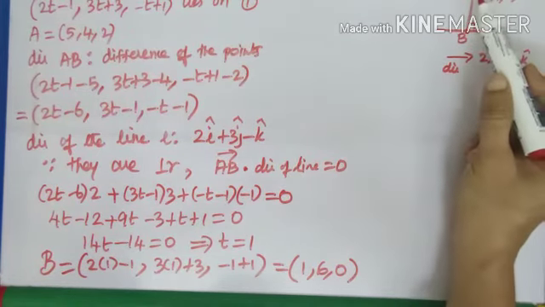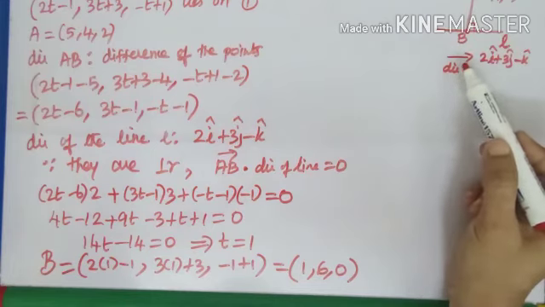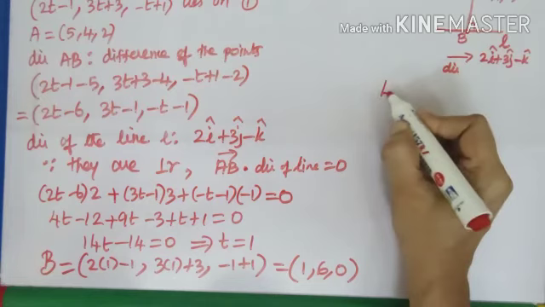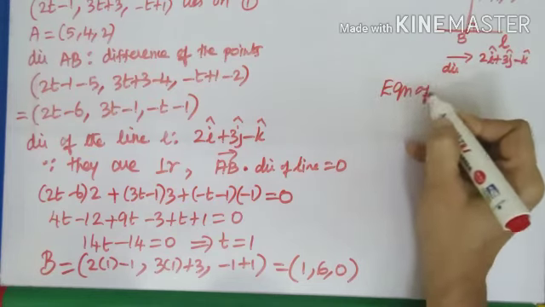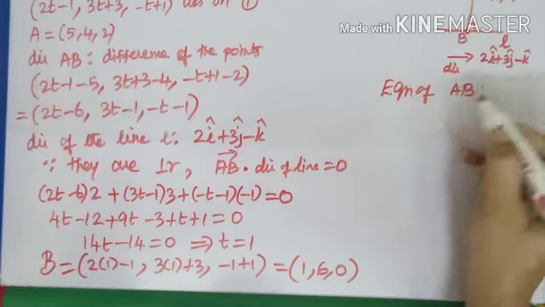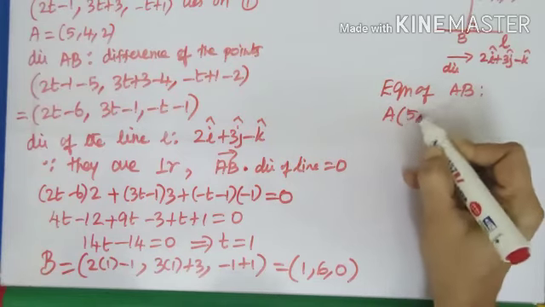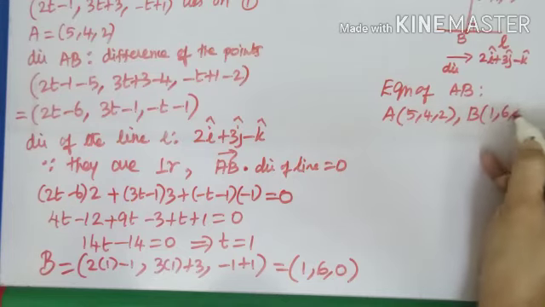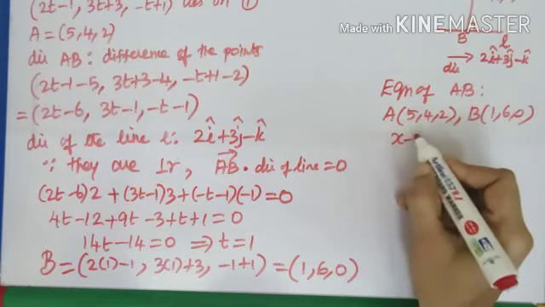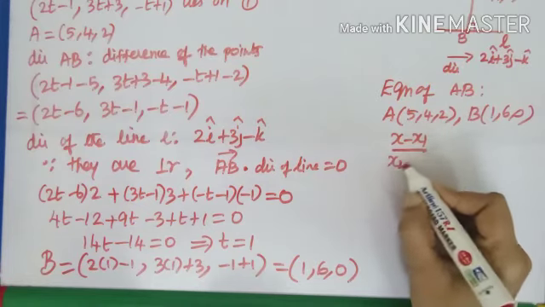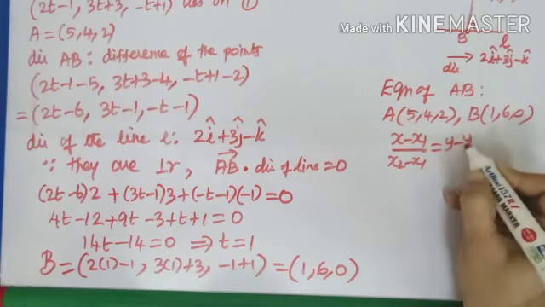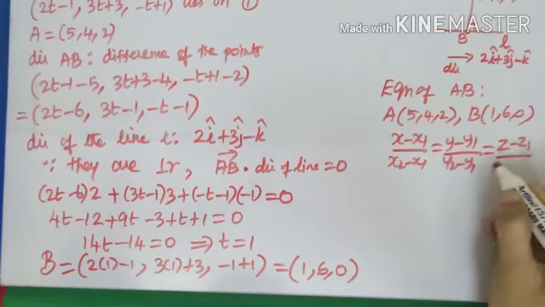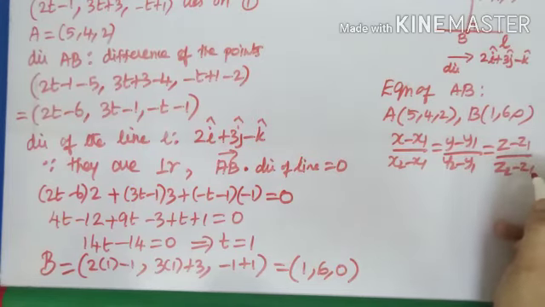Now I know what A and B are. My question is to find the equation of the perpendicular. So we need to find the equation of AB. A point is 5, 4, 2 and B point is 1, 6, 0. What is the equation? (x minus x1) by (x2 minus x1) equals (y minus y1) by (y2 minus y1) equals (z minus z1) by (z2 minus z1).